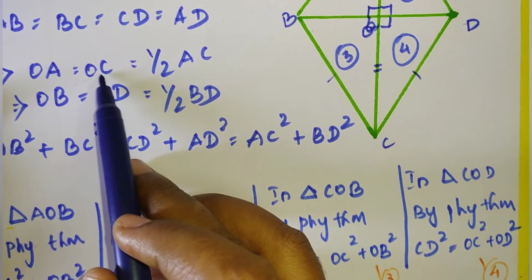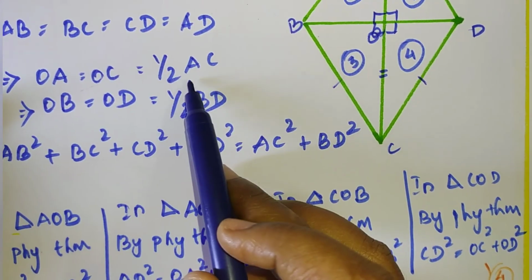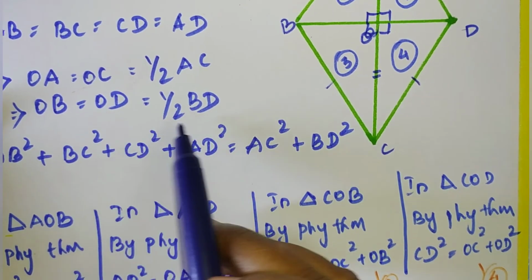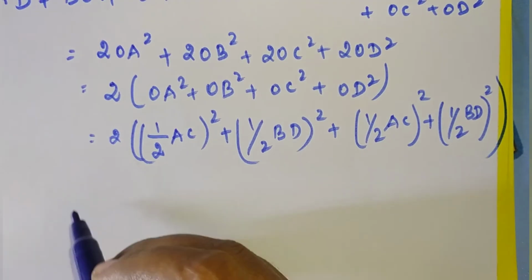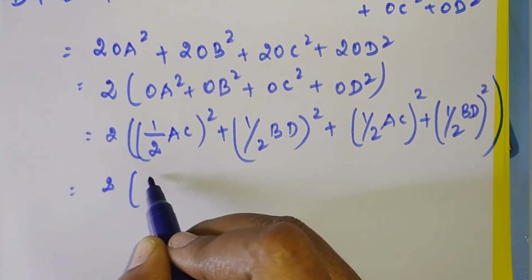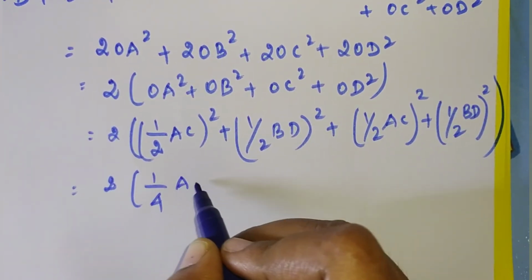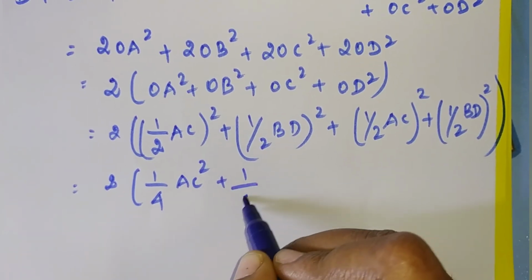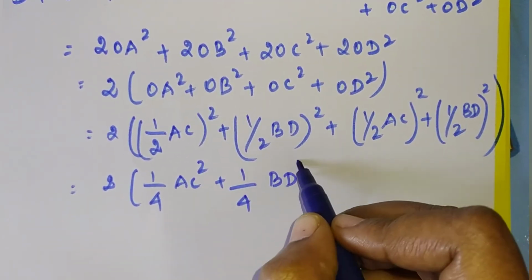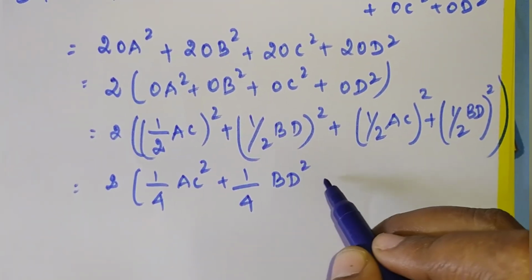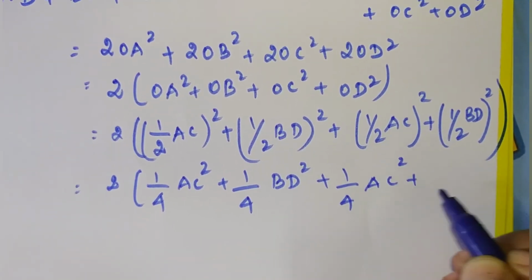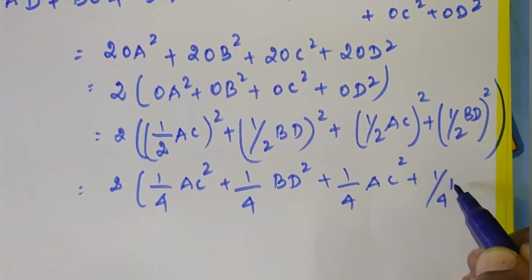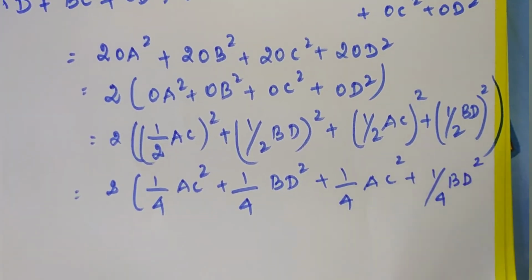So instead of OA, OC we write half of AC, and instead of OB, OD we write half of BD. We can substitute, and then square it: 1 by 4 AC square, 1 by 4 BD square, and then 1 by 4 AC square, 1 by 4 BD square.